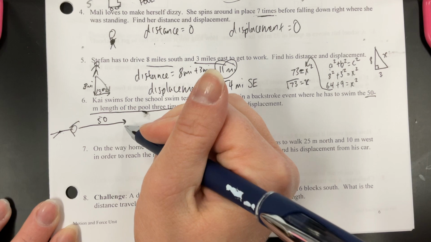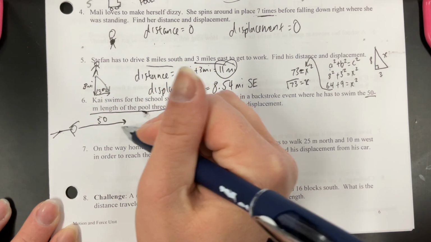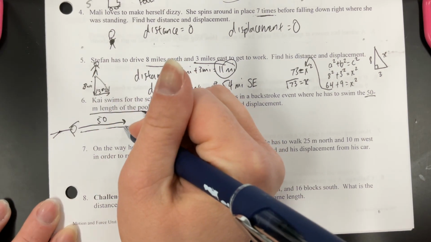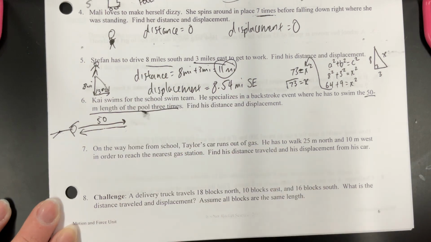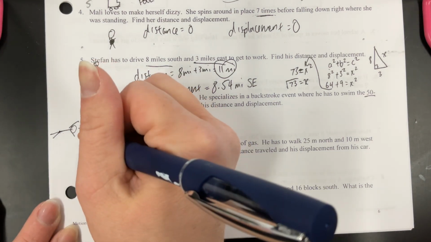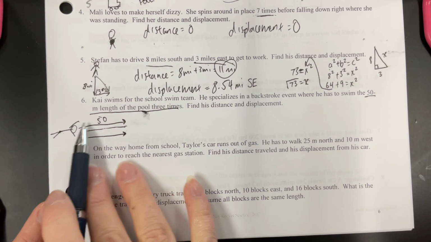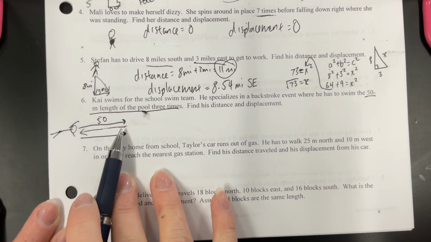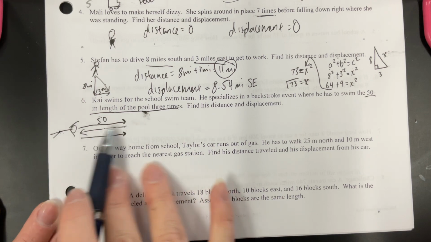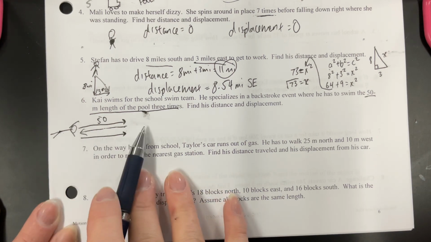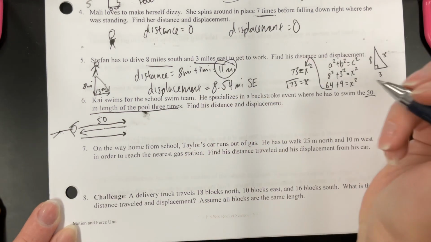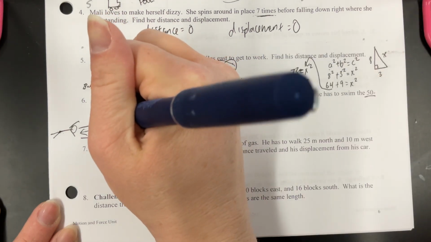So then instead of getting out and walking back, he just swims back, right? So that would be his second time, would also be 50, just in the other direction. And then his third time is 50 back that way. So he goes forward 50, backward 50, forward 50. And the units for that is meters.